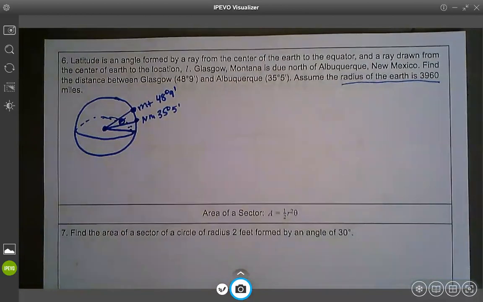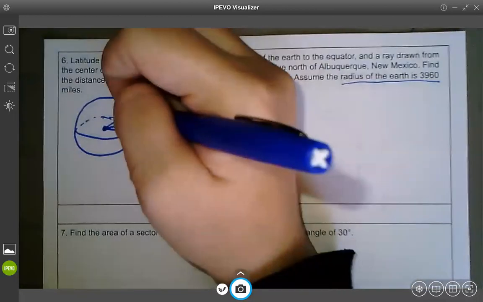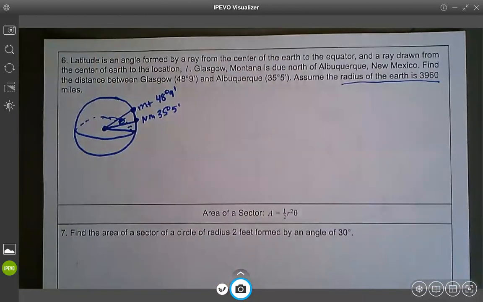And then I'm going to have to find the arc length, or the distance from here to here. So I'm going to find the angle between the two points, convert that to radians and then plug it into my arc length formula so I can find that distance along the surface of the Earth.